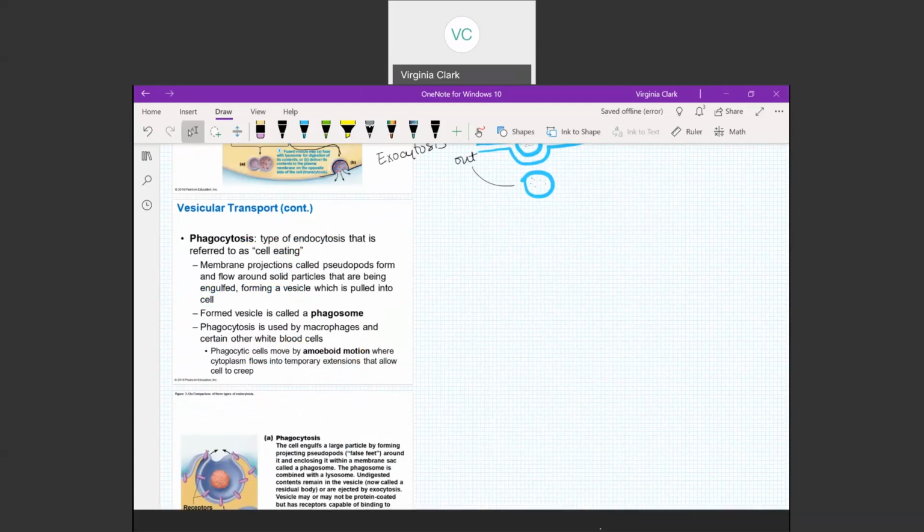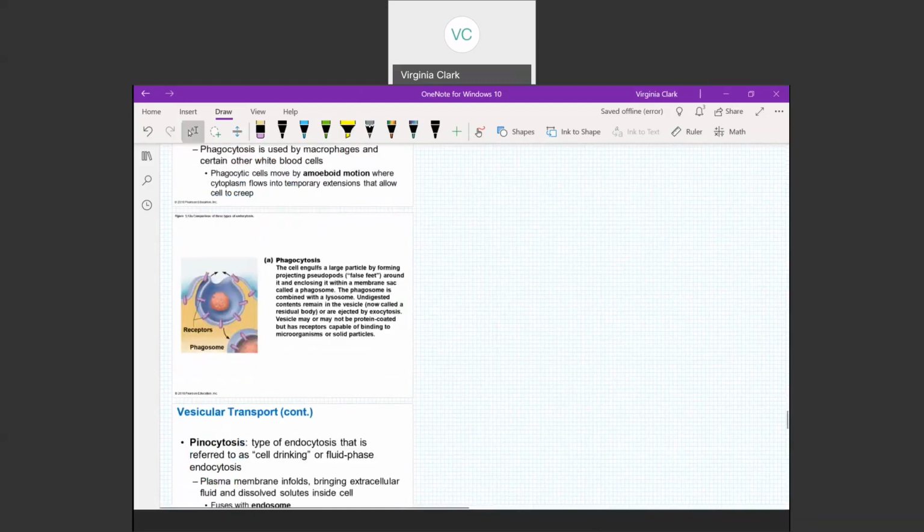Okay, phagocytosis is an important concept because phagocytosis is going to be where it's actually going to be called cell eating. So phagocytosis is an important type of endocytosis, and it will engulf whatever it needs to engulf, and then it will eat it. So just to come on down to this image right here with phagocytosis, you can see it's got the plasma membrane that's come around.